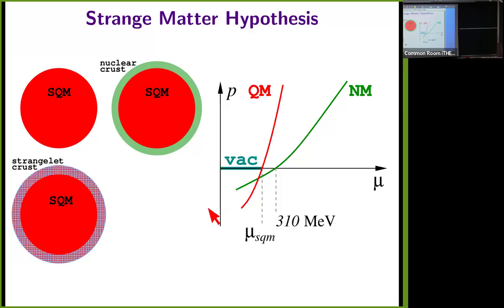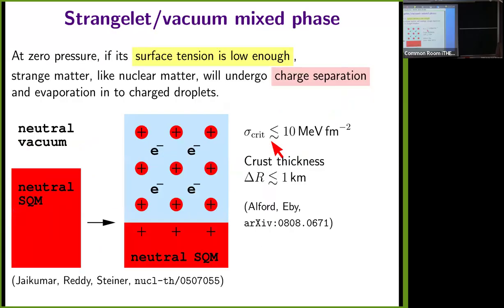So again, we're talking about a first order transition here between the vacuum and quark matter. But as before, the value of the electrostatic potential that makes the vacuum neutral, which is 0, may not be the same as the value of the electrostatic potential that makes the quark matter neutral. And so you'll have the same story again that we had before.